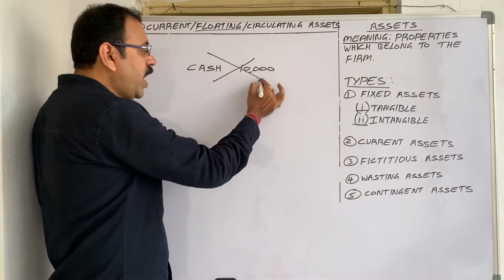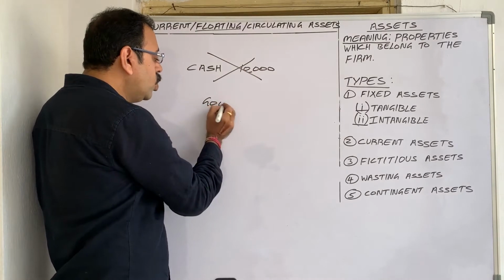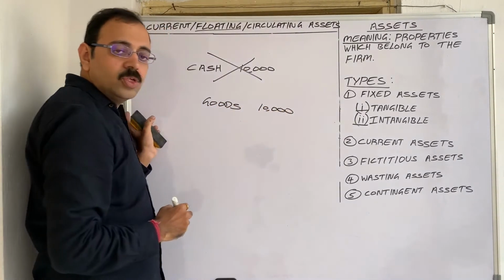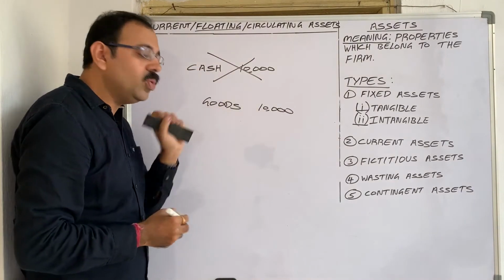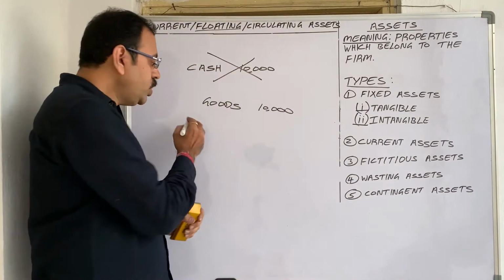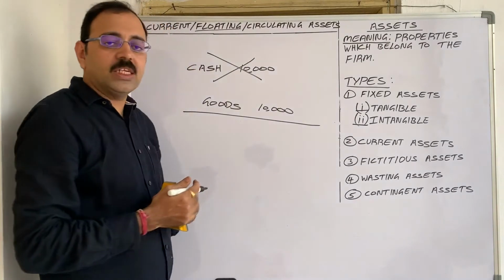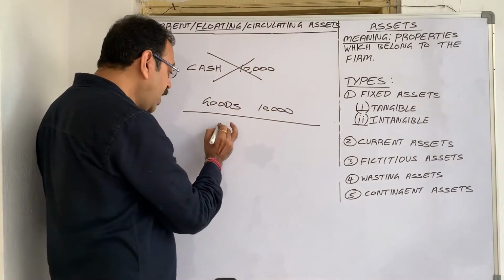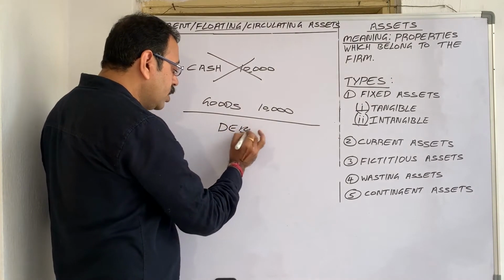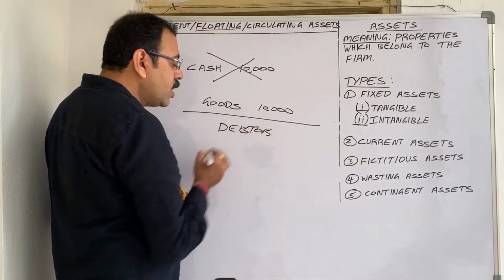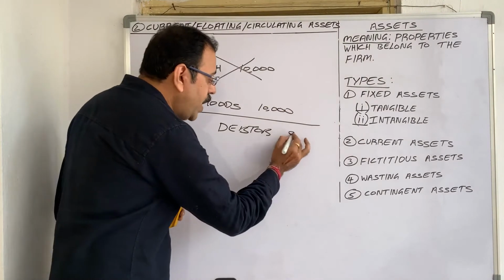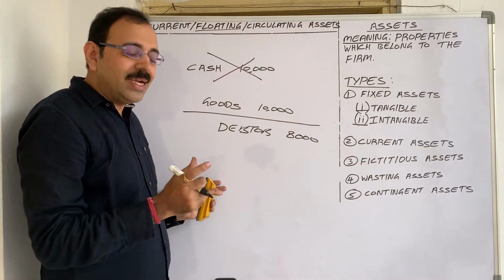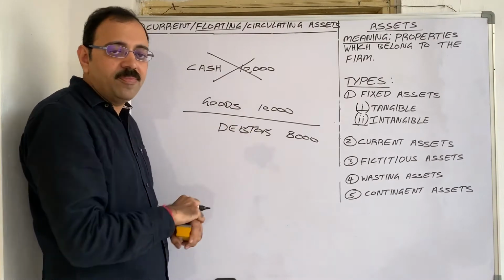In the place of cash, now goods are there. So cash is converted into goods. Similarly, we sold goods to a customer on credit. Then that customer becomes a debtor. Debtor comes under current assets. Say the value is 8,000 rupees. So the current asset is in the form of a debtor.